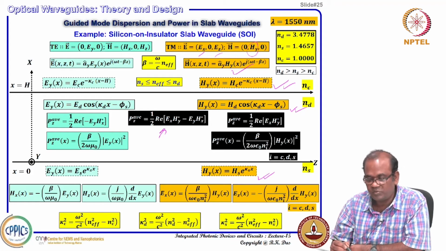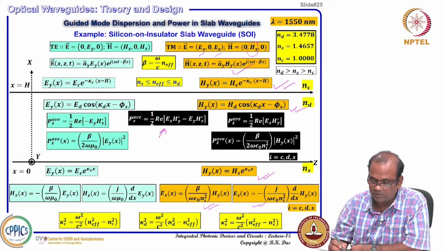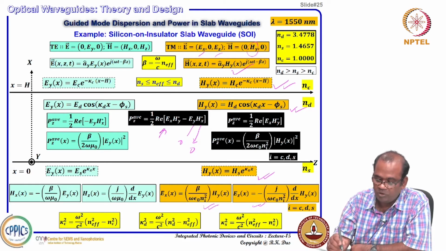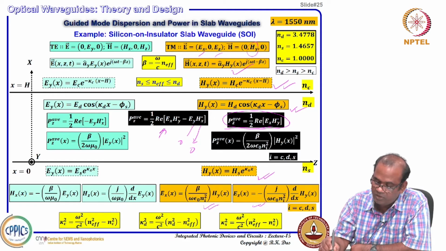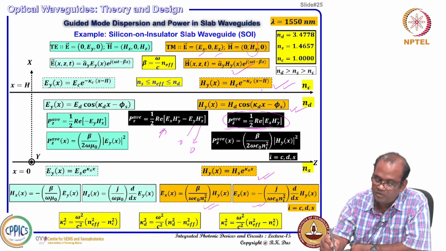From Maxwell's curl equation we can express the E x and E z components for TM polarization. So, for TM polarization what is missing? We do not have the E y component, that is 0, and we do not have the H x component, that is 0. For TM polarization the energy flow per unit area per unit time is E x H y star. I know the H y expression everywhere, and the E x expression I can derive here.